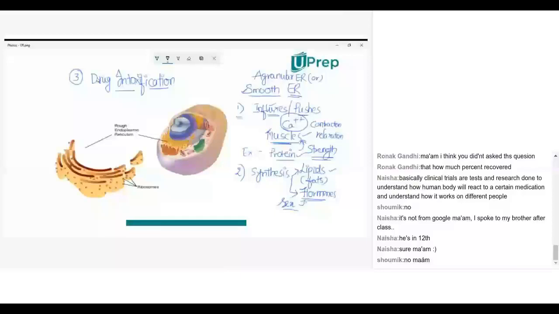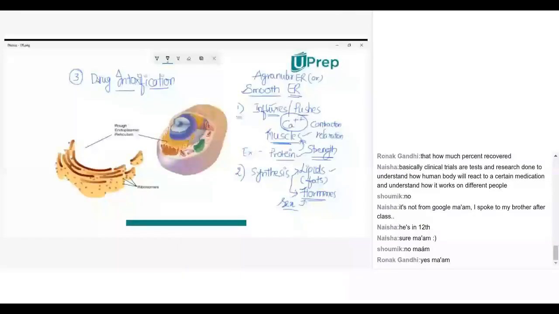Everybody knows this tablet. I'll explain the drug intoxication or drug detoxification. In some textbooks they use this word also. So both remain the same. What does drug detoxification mean? How will the smooth endoplasmic reticulum perform this function?